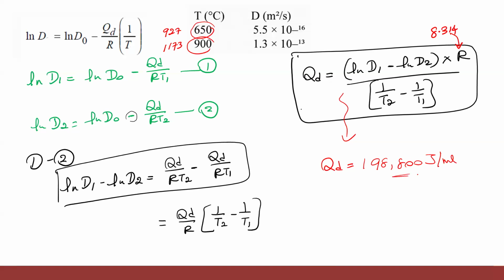Something close? What's that? 200? 200,000 something? 200 point something, yes. So something close to 200,000. Do you all get something close to 200,000?